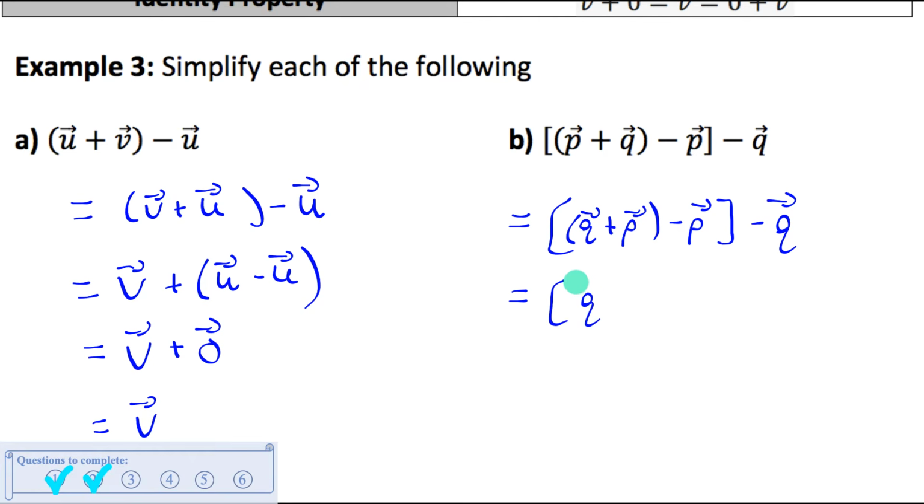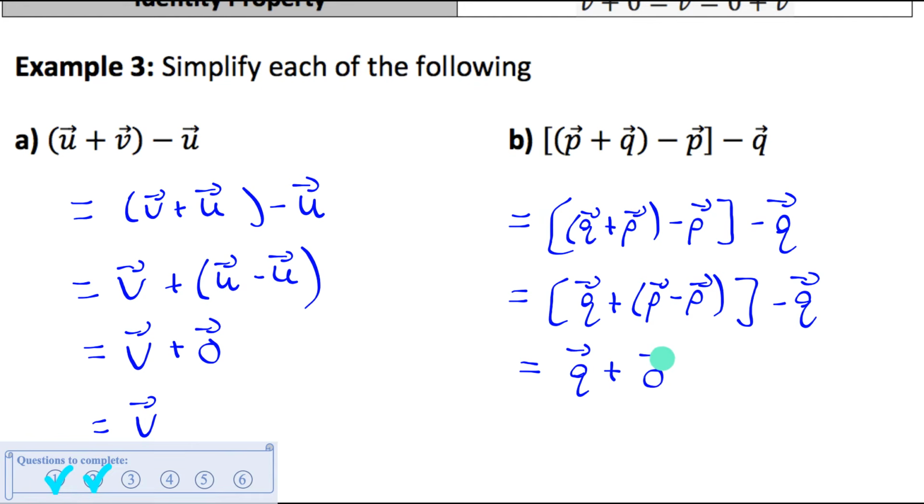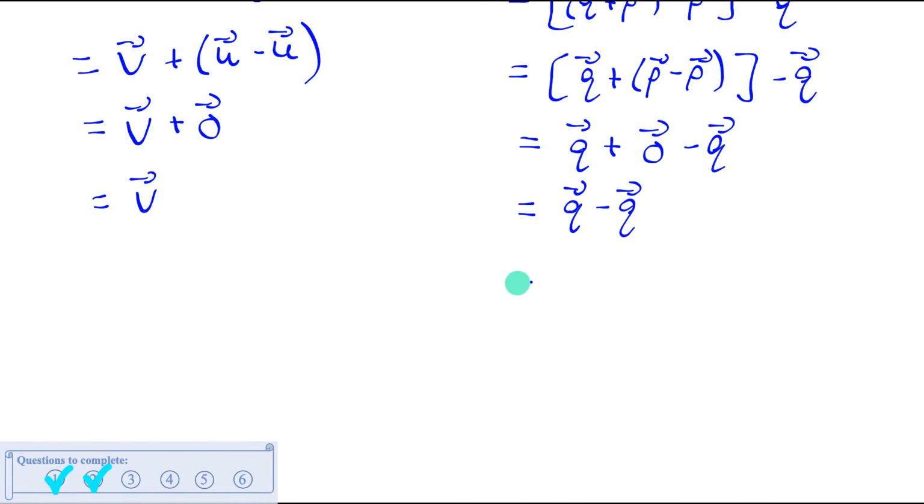I'm going to group the vector P's together, so I'll have plus vector P minus vector P. And vector P minus vector P, well, that's the zero vector. So I've got vector Q plus the zero vector minus vector Q. And vector Q plus the zero vector, well, that's just vector Q. So I have vector Q minus vector Q. And a vector minus itself, that would be the zero vector.